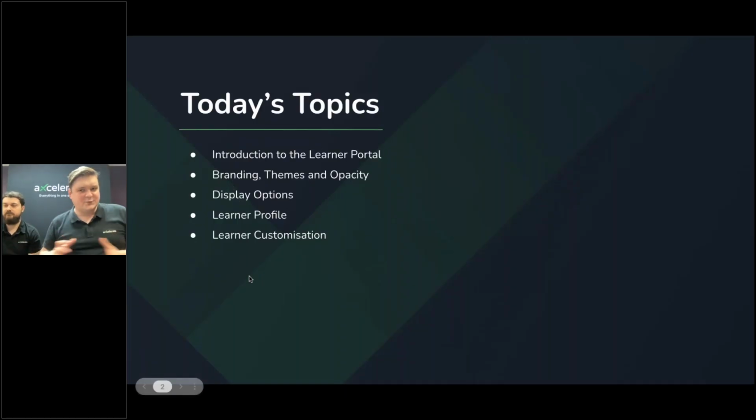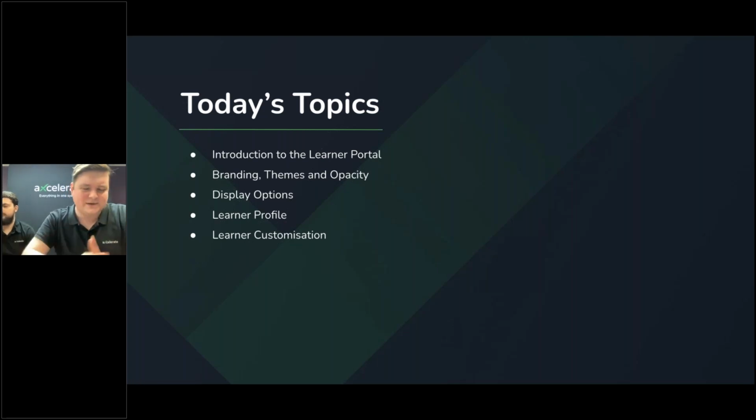Now, the areas we're going to be covering today are, firstly, an introduction to the learner portal. So we've got a few people in the call today who may be aware we have a learner portal, but may not actually fully understand the capabilities, because we've made a lot of improvements over the last few years.